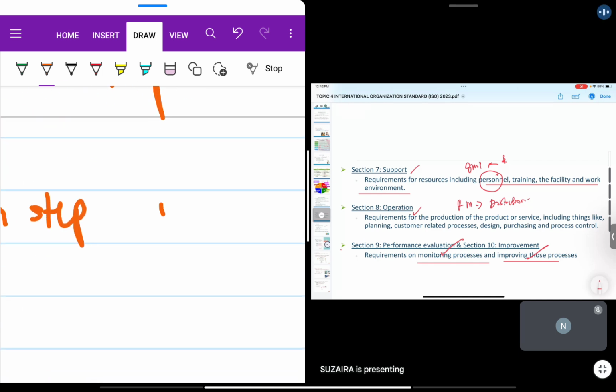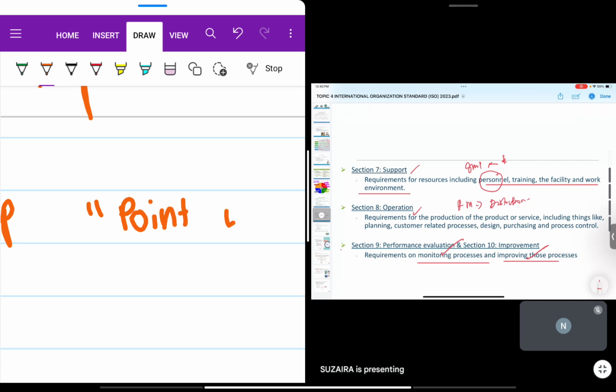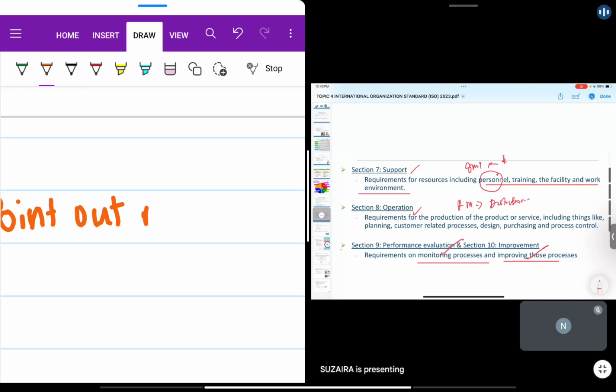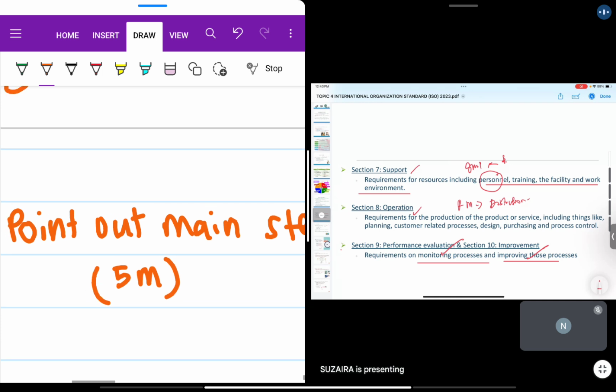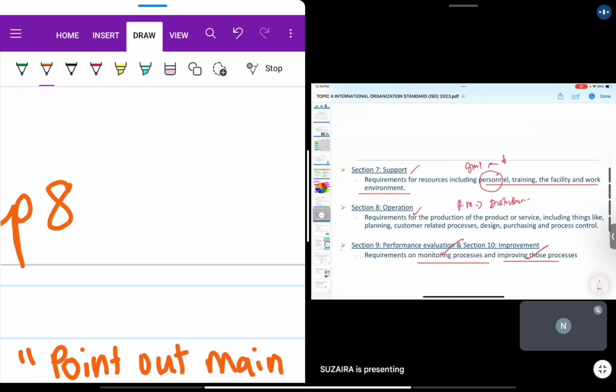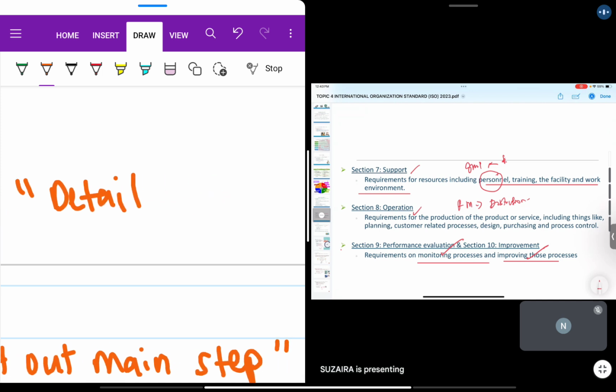So what they want you to point out as the main step is those 5 steps. Or if you see the marks, it's usually 5 marks or 6 marks. If it looks like a bit more, it will be 8 marks, but it depends, because it needs you to explain a little bit, like point out and explain. So it can reach up to 8 marks.